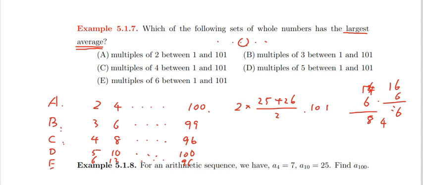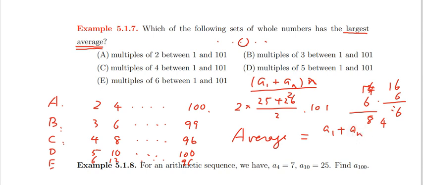Or we can also ask how to find the average. The average is the sum divided by n. We can use the formula: the sum is (a1 plus an) times n over 2, and the average is that divided by n. So the average of an arithmetic sequence is just the first number plus the last number divided by 2.